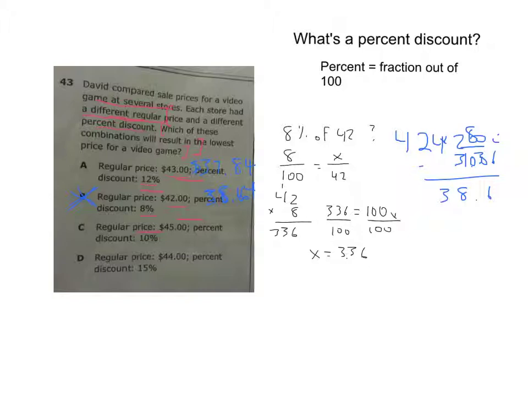So what is 8 over 100? 8 over 100 could also be written as the decimal 0.08. That's 8/100ths. So we could simplify all of the steps we're doing over here to this: 42 times 0.08.